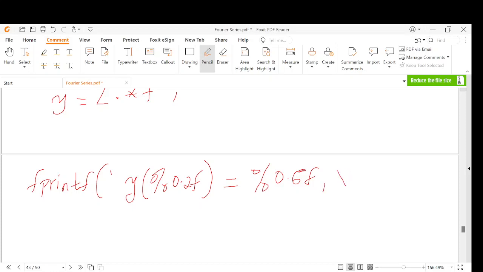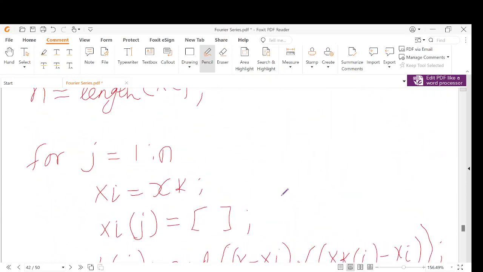Sorry, there is no comma needed there. Then I have the escape character. So I have the values x and y. Those are the values that I want to place in these two placeholders.